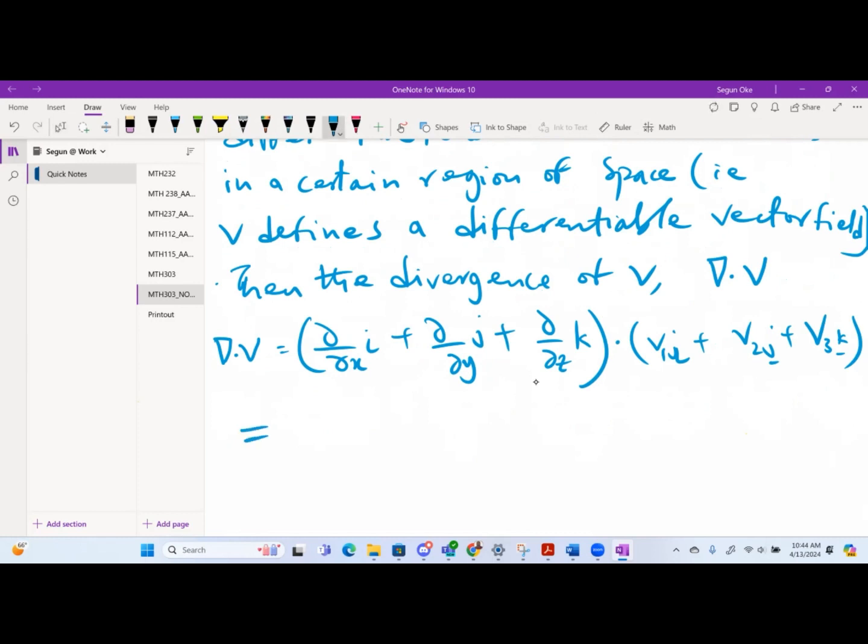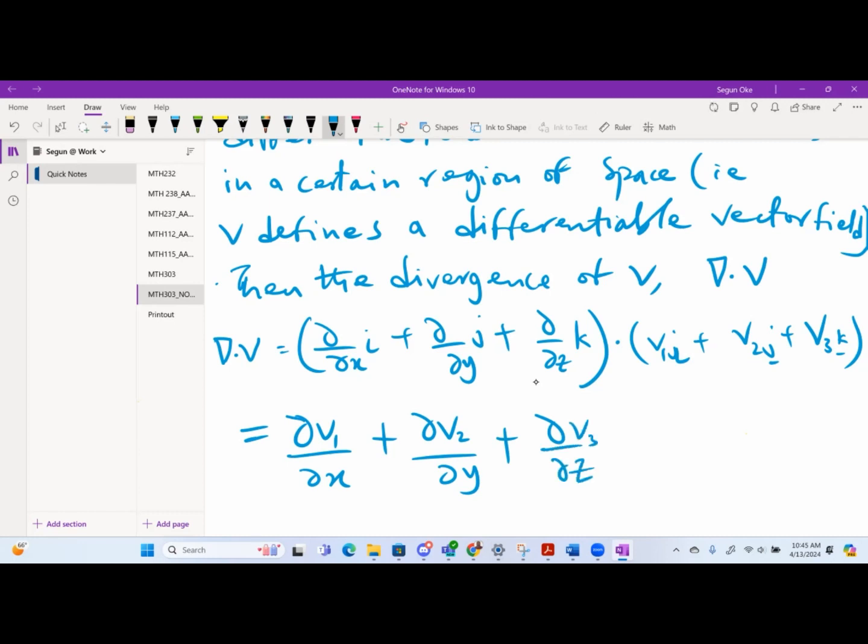We have d/dx i dot v1 i will be what? The partial of v1 with respect to x. There will not be any i again. Plus the partial of v2 with respect to y, plus the partial of v3 with respect to z. Take note of that.